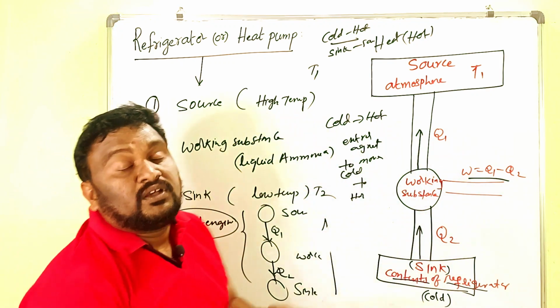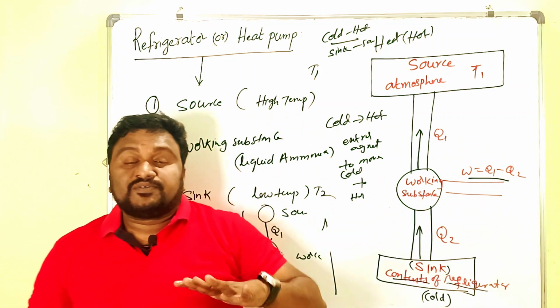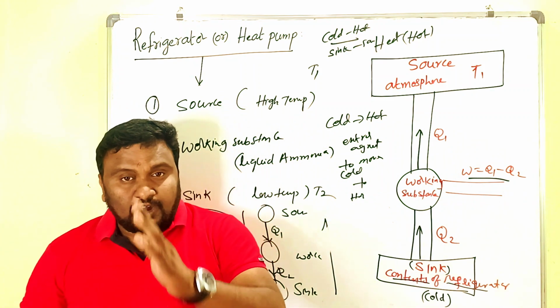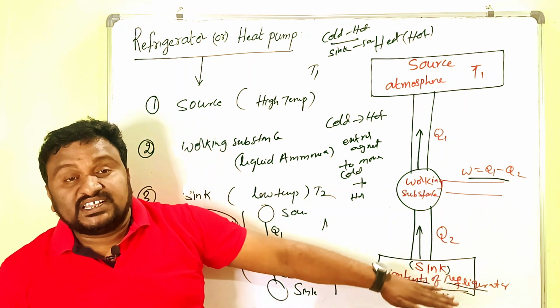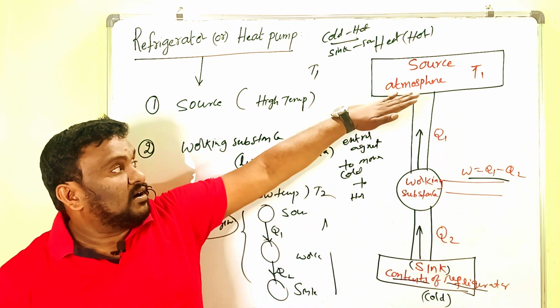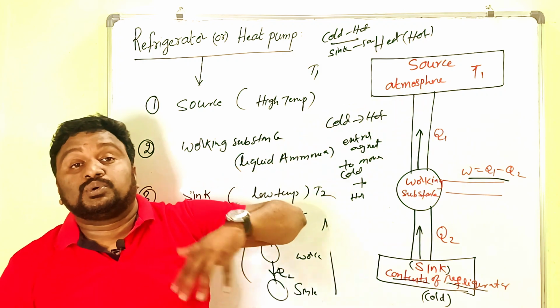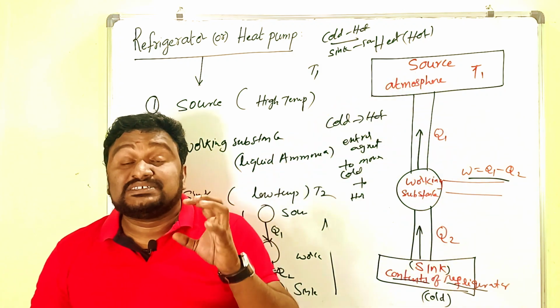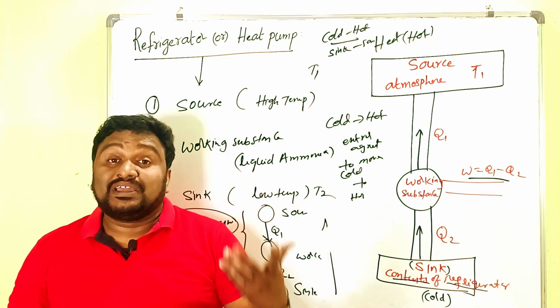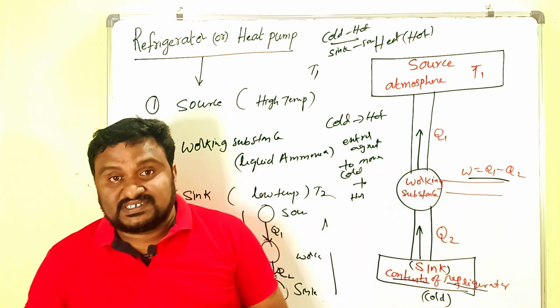Because according to the laws of heat, it should be transferred from a hot body to a cold body only. But in this case, it is moving from a cold body to a hotter one. So to move the heat from cold to hot, some external agent is required, and that is done by the refrigerator compressor.